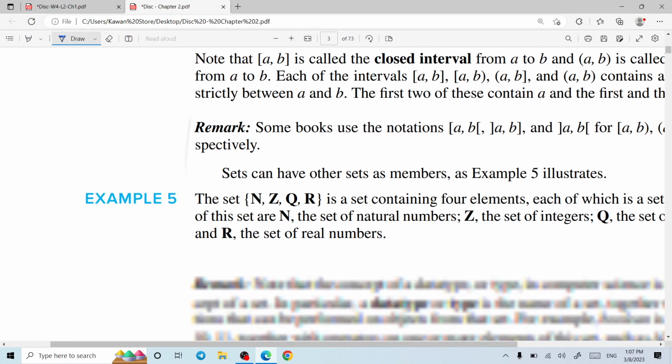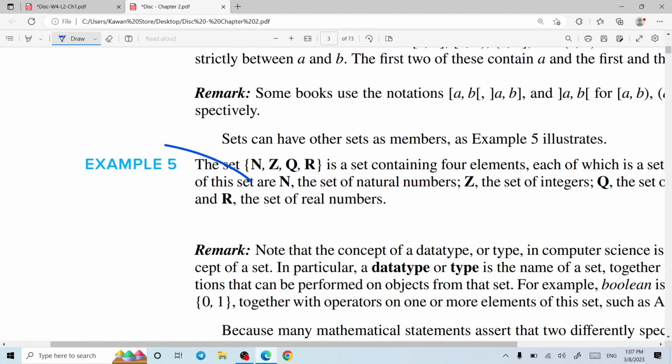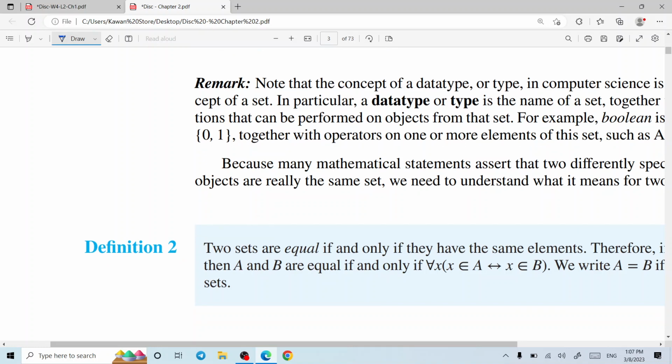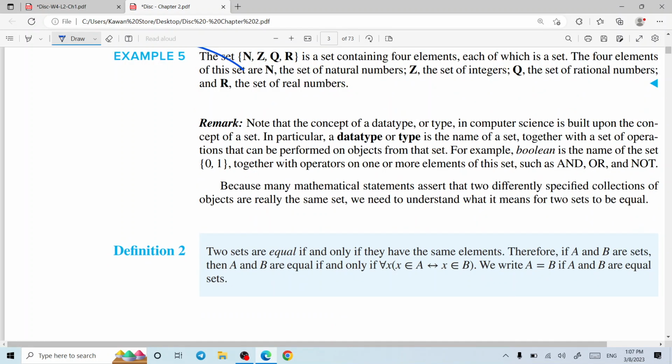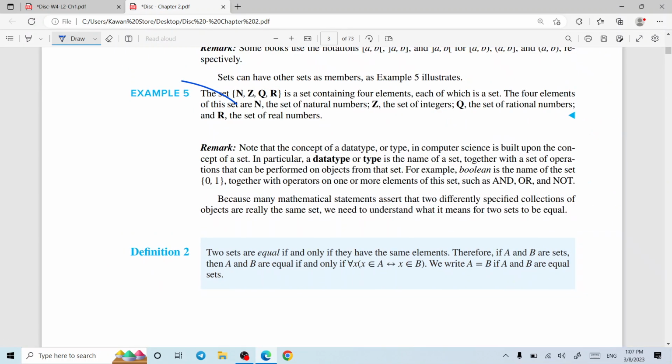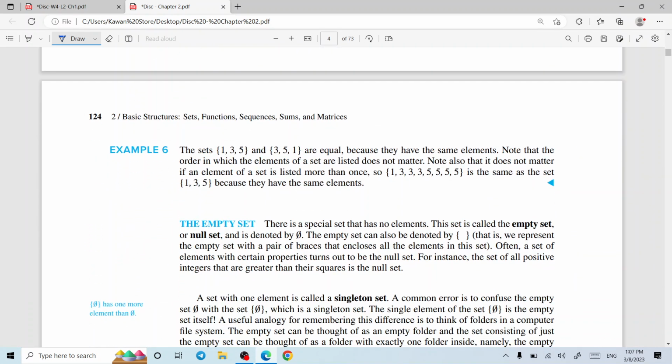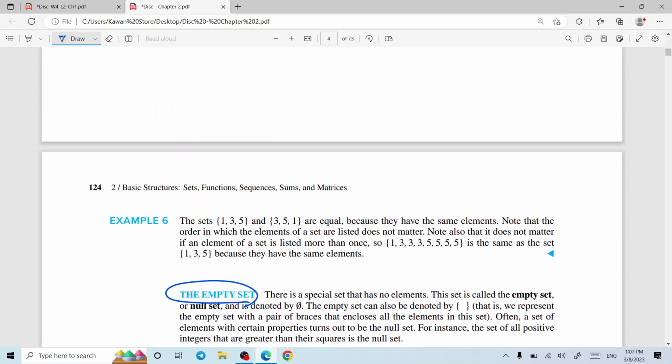Sorry, we have other things here: equal sets and then the empty set.